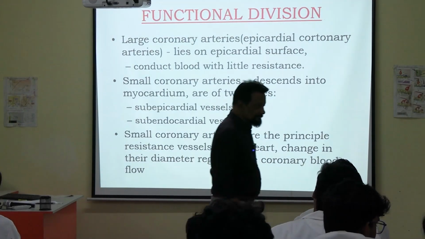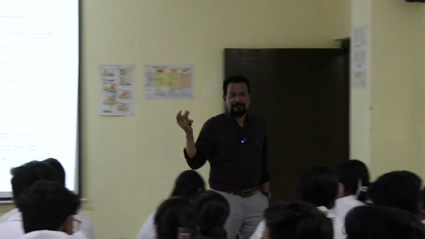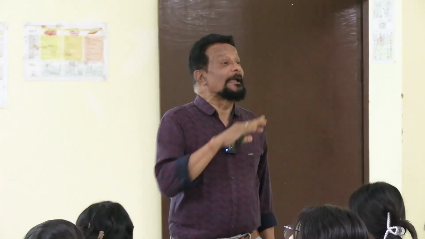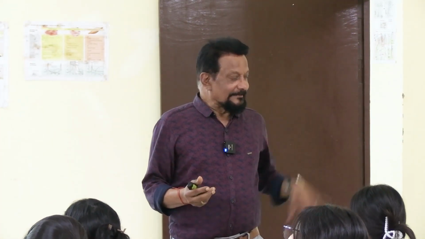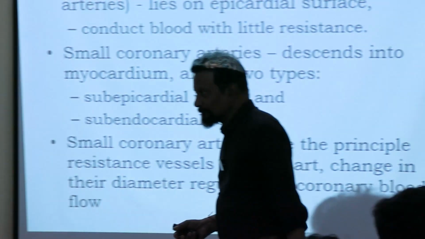I already told you, the larger coronary arteries, either left or right, remain superficial in the epicardium. Flow is easy through them because they have low resistance, minimum resistance. So good flow.